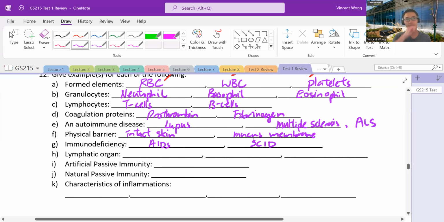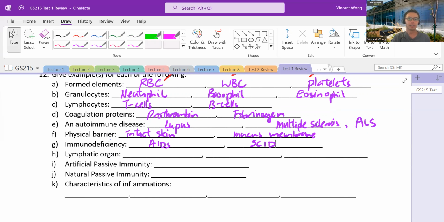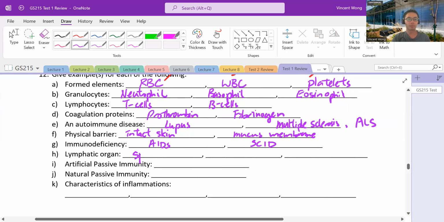SCID is the one where there's a mutation and the baby is born without any immunity at all, right? They live in a bubble, the so-called bubble boy syndrome. Lymphatic organs, we got a bunch. Spleen, tonsils, right? Thymus.